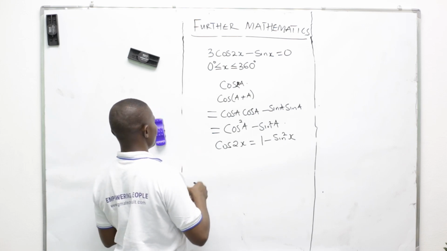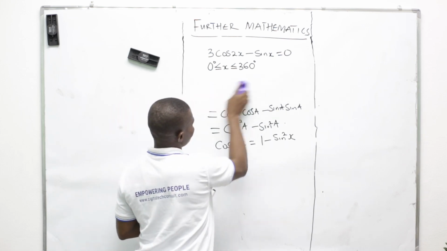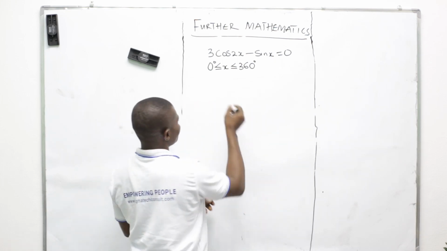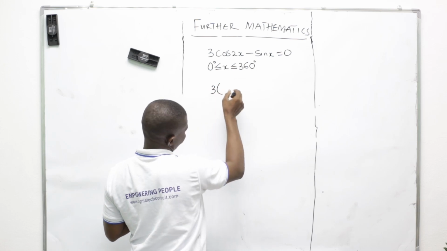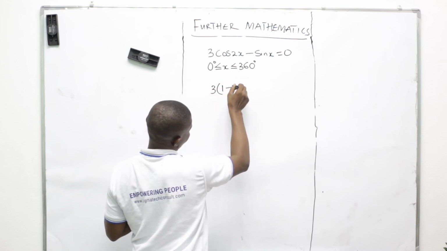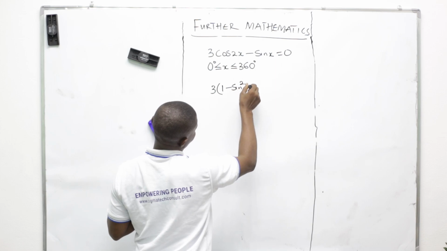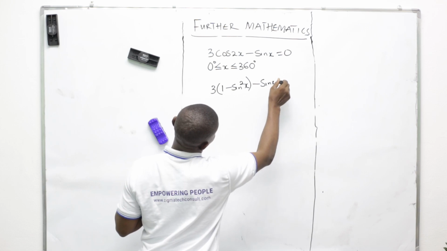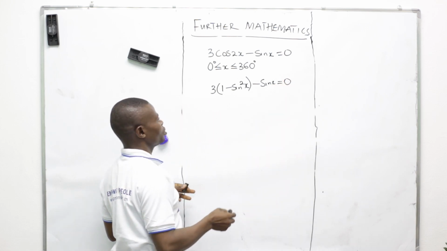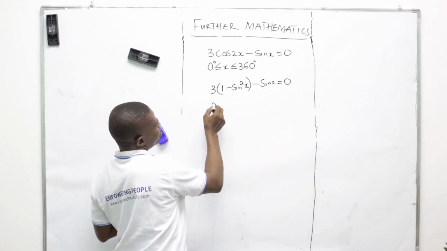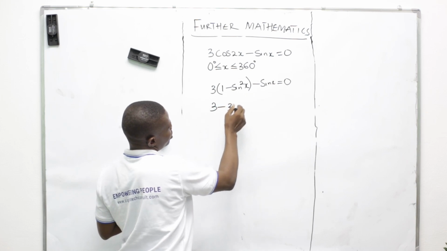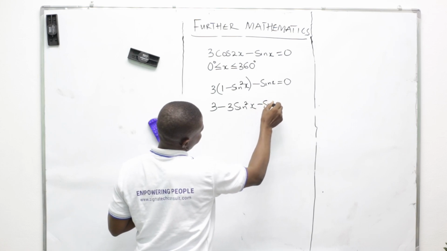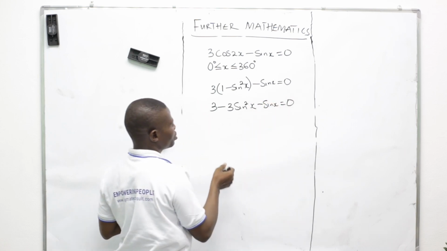If this is the case, it means that 3 cos 2x, which is 1 minus sine square x, minus sine x equals 0. We'll multiply out: 3 minus 3 sine square x minus sine x equals 0.